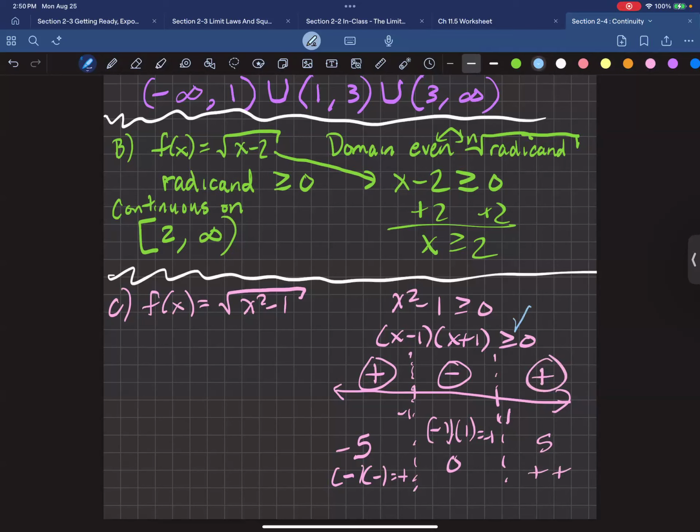We're looking for things that are greater than or equal to 0. So we want this region and this region. And we can include the endpoints because we have that equal portion. So here we're going to have -infinity to -1, bracket this time, and union from 1 to infinity.